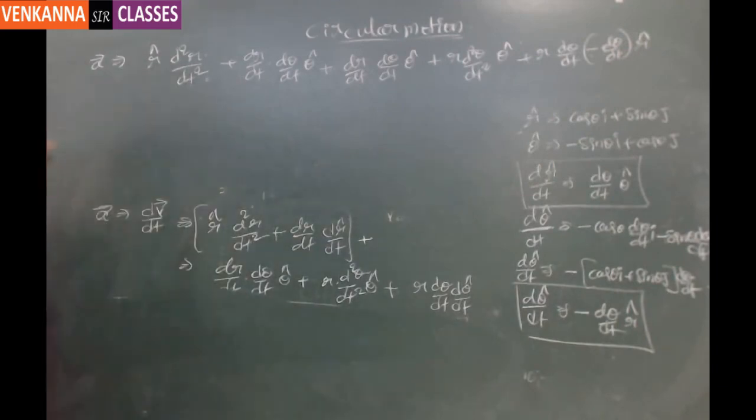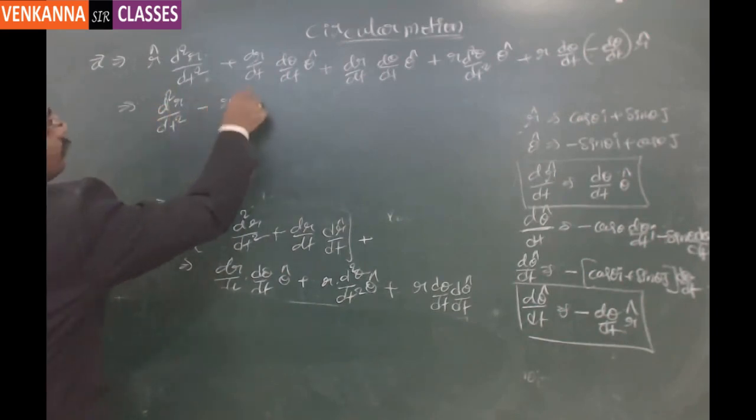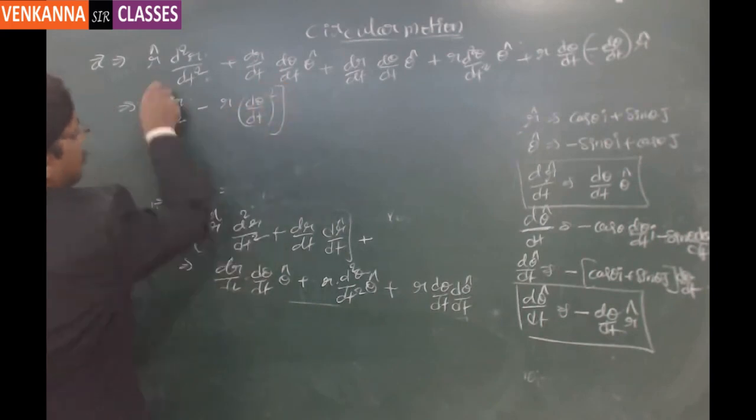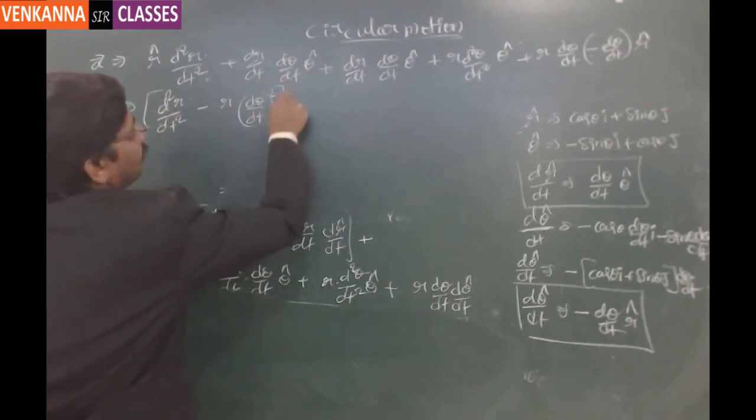So if you simplify this, the r cap part you can specify as d square r by dt square minus r into d theta by dt whole square, and this is the r cap part of it.